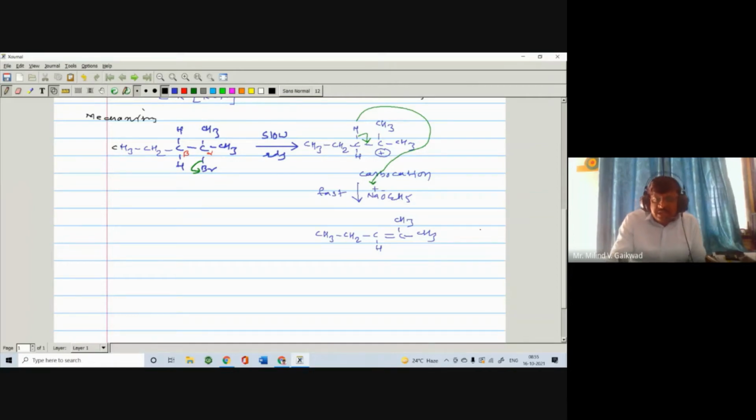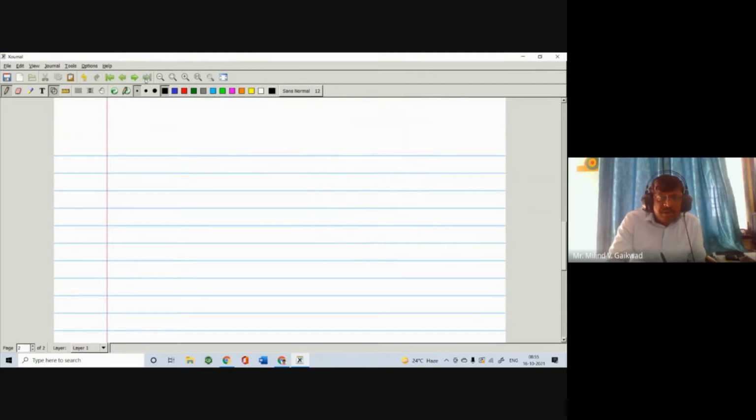So let us see the evidence for the E1 mechanism, or a justification for the E1 mechanism.